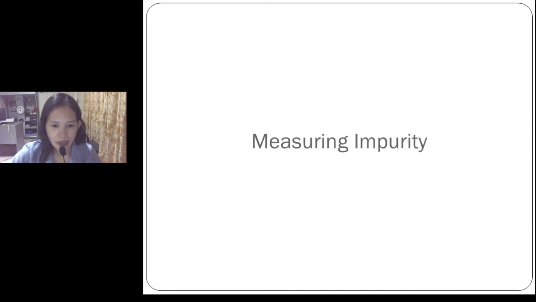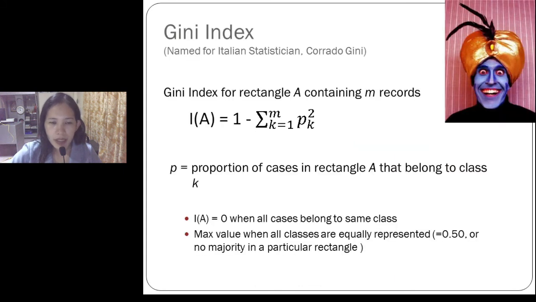discuss measuring impurity. There are a number of ways to measure impurity. The two most popular measures are the Gini index and an entropy measure.